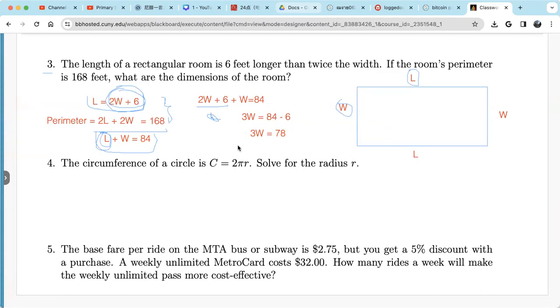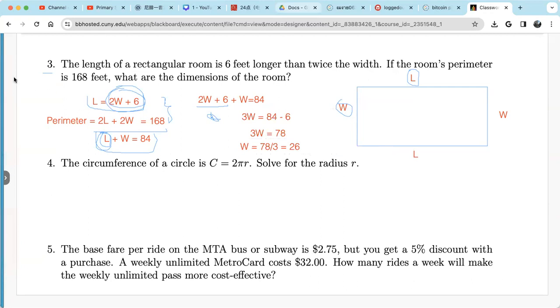Then W equals 78 divided by 3, which is 26. Right? Because 3 times 6, 18. 3 times 2, 6 plus 1 for the carry, so it's 26. W equals 26.